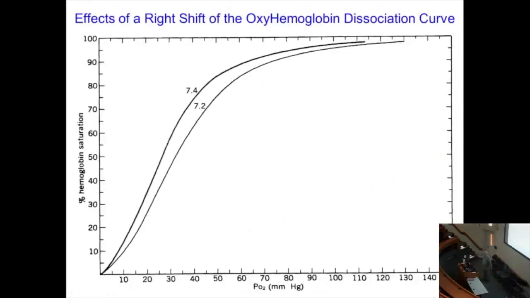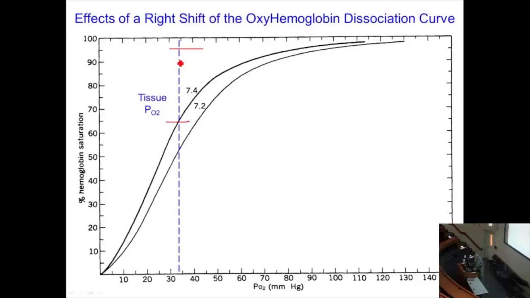So what is the effect of a right shift of the oxyhemoglobin dissociation curve? Here we have normal pH, and here we have a right shift that occurs with lower pH. If we think of blood coming from the lungs going to this tissue, we have blood almost saturated.